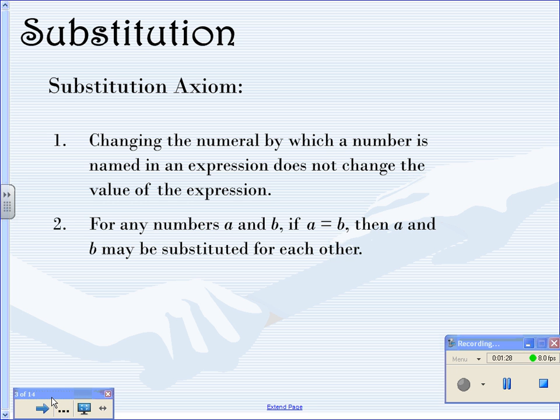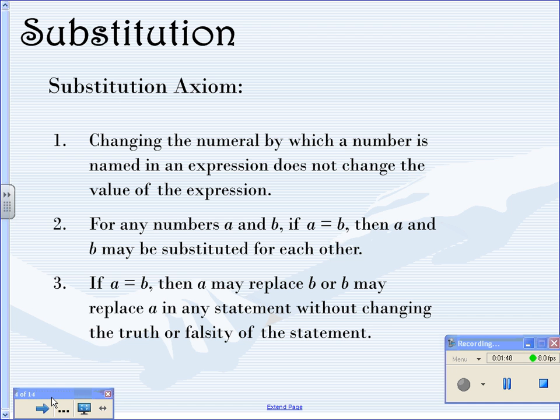They can be substituted in for each other. If a equals b, then a may replace b, or b can replace a. And it doesn't change the truth or falsity of the statement.